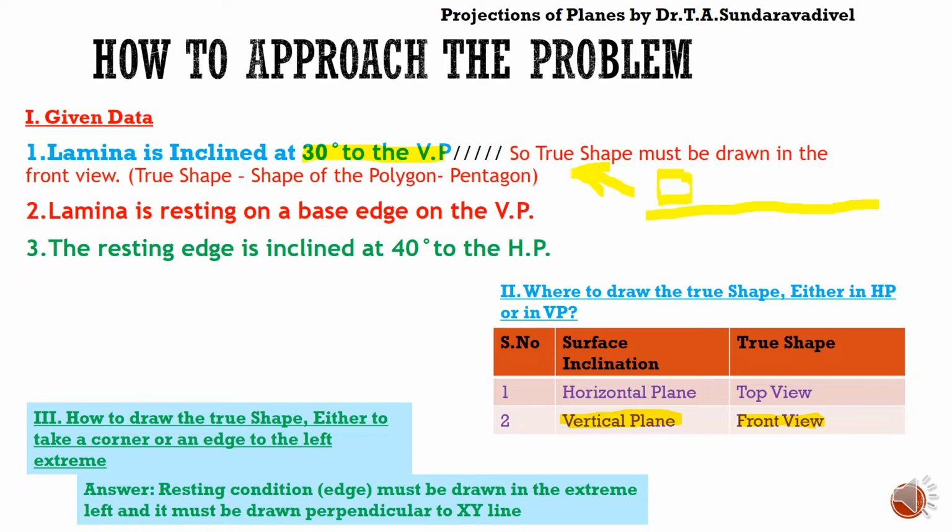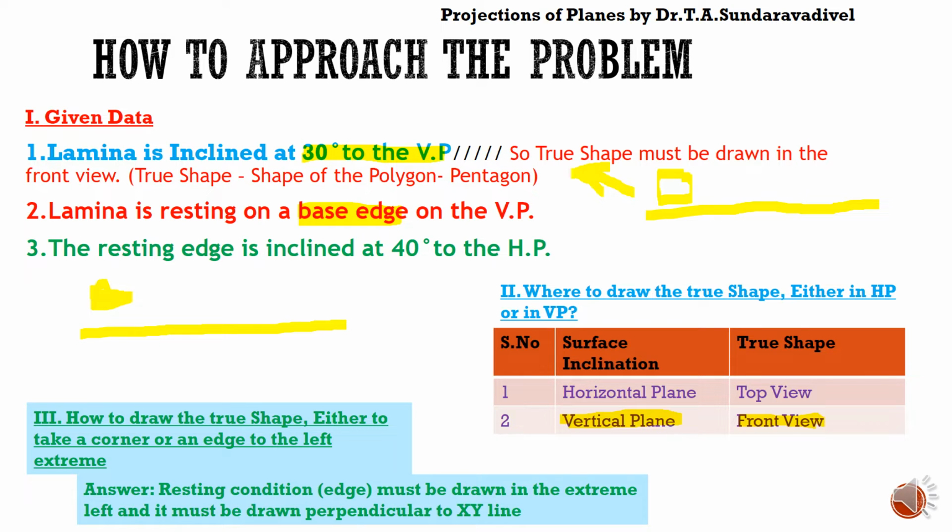And the second statement is the lamina is resting on a base edge on VP. So out of this, what can we understand? When the lamina is resting on a base edge on VP, we have to take an edge to the left and draw the true shape. While drawing the true shape, this is our XY line, and from the first point, in this portion we have to draw the true shape.